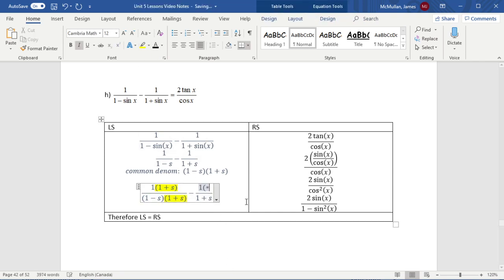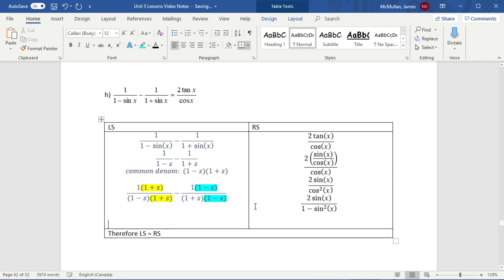This side needs a 1 minus s on the top and bottom in order to make a common denominator. Again, common denominator, just use a different color. So now we made a bunch of common denominators.